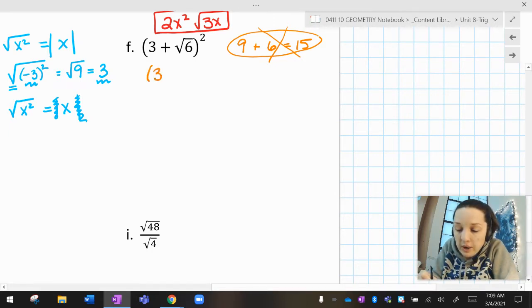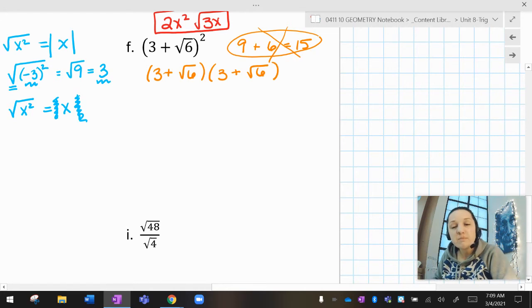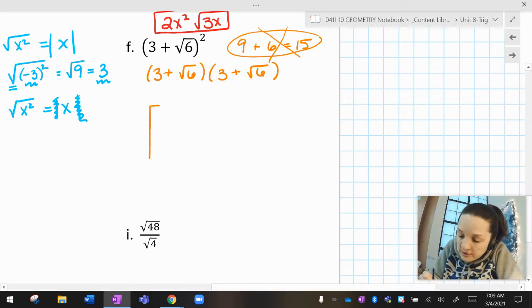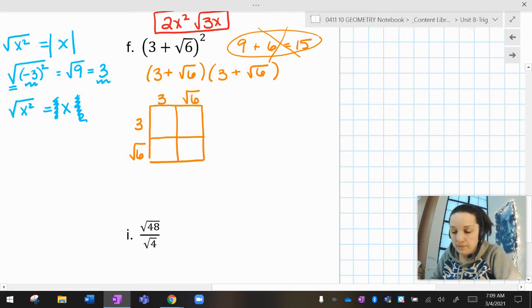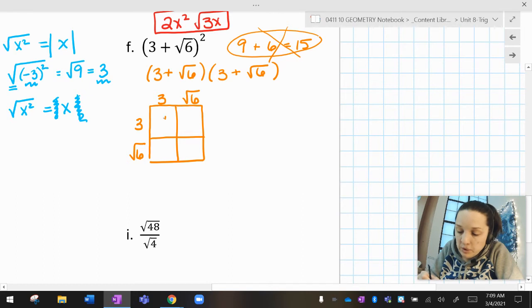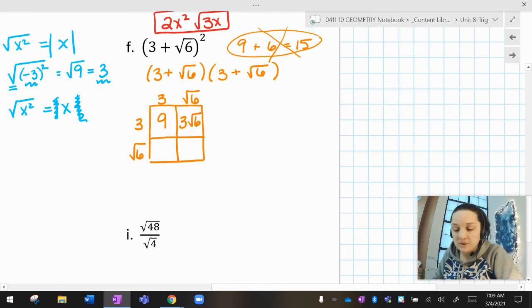So 3 plus radical 6, squared, is 3 plus radical 6 times 3 plus radical 6. And if I want to multiply two binomials, we're going to go to what you did last year, and we're going to do the box method. So 3 plus the square root of 6 times 3 plus the square root of 6, I am going to multiply using that multiplication table we create. 3 times 3 is 9. 3 times radical 6 is just 3 radical 6.